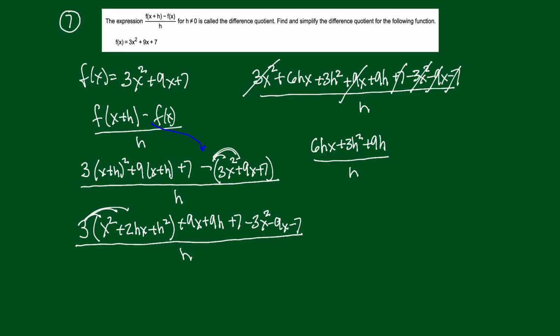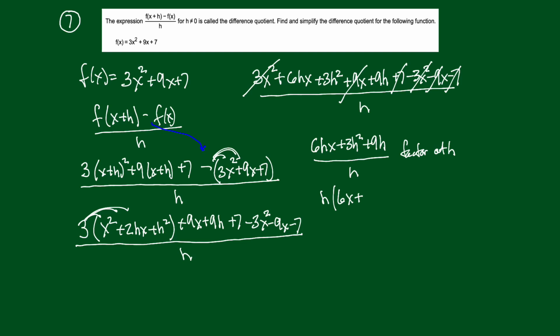Now notice on top, all 3 of these terms have an h in them, right? I can't combine them. They're not alike. But I can remove an h, so factor an h out. So the plan is now to factor out an h. So just remove an h. So if I take out an h from the first one, what's left is 6x plus, now an h squared is really what? 3hh.